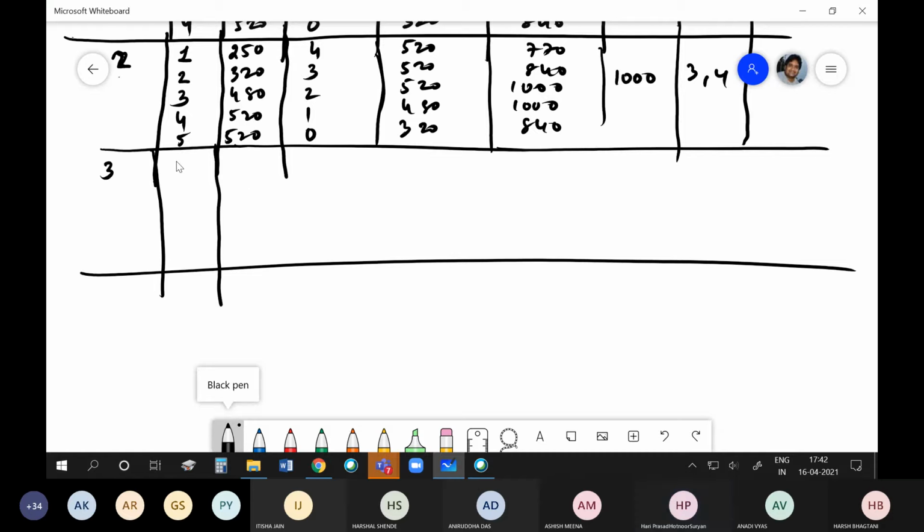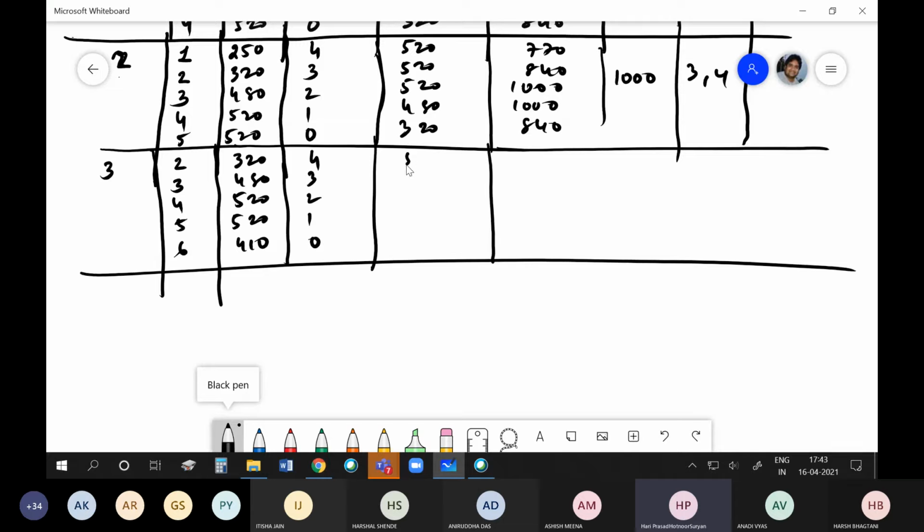It starts from 2, 3, 4, 5, and 6. I'm giving the values 320, 480, 520, 520, 410. Okay, so then this is 4, 3, 2, 1, 0.